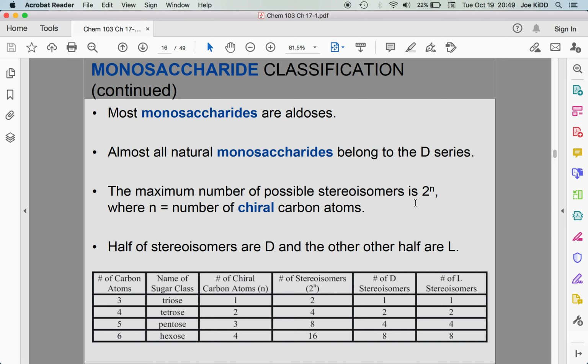And we also talked about how you figure out the maximum number of stereocenters. When we have these stereoisomers, they're always going to be in even numbers. So half of them would be the D, the other half would be the L.